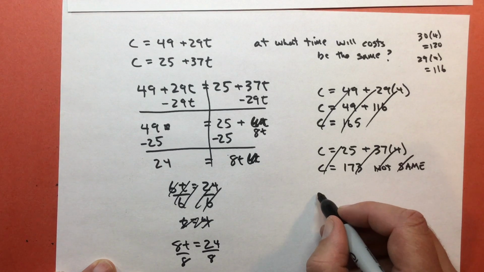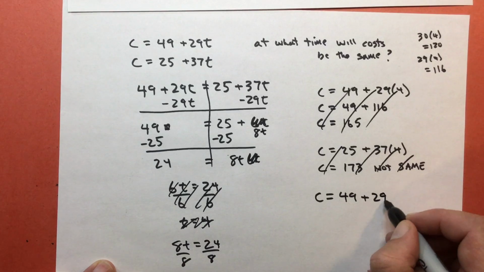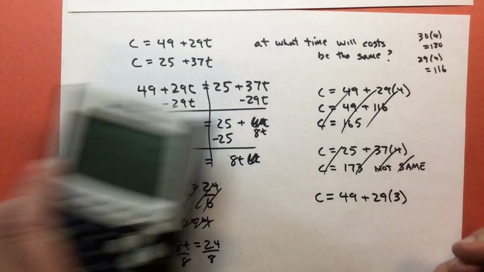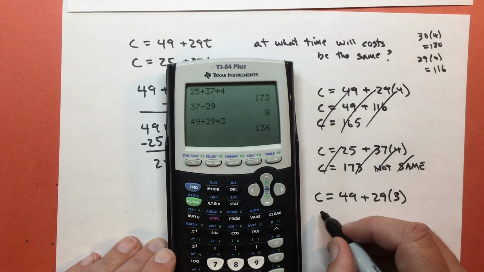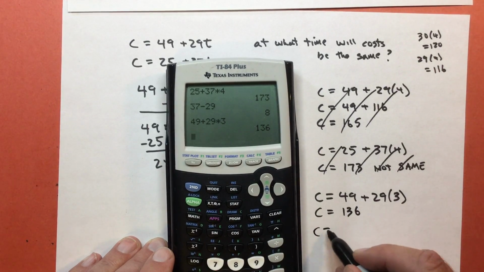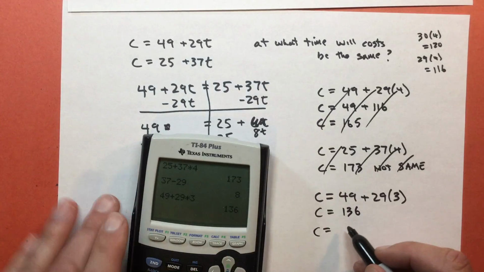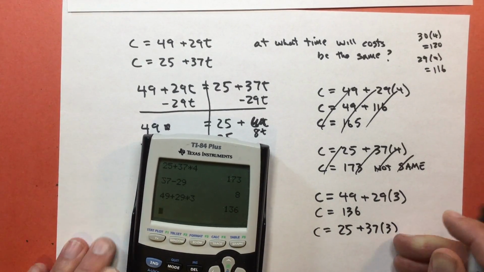We're going to do cost equals 49 plus 29 times 3 this time. That's $136. And cost equals 25 plus 37 times 3.